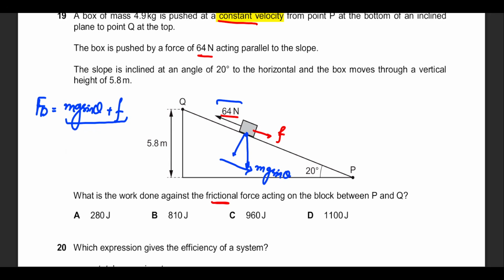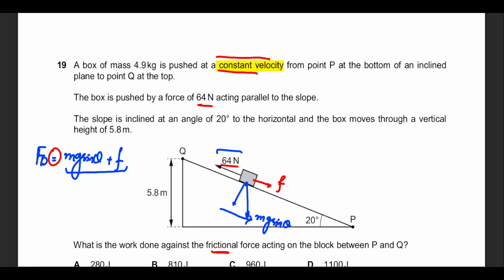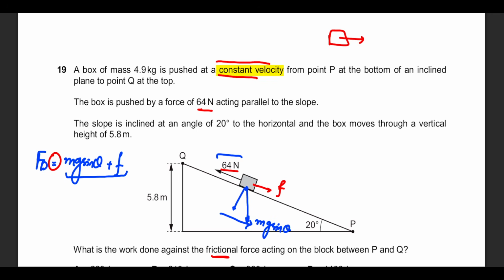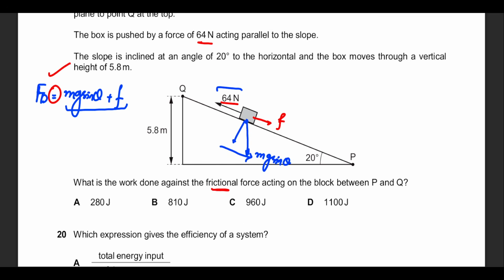And why have I made them equal? Because it's constant velocity. It can only happen if the pulling force and the sum of all the stopping forces are exactly equal. And that gives us the confidence that we can do this. So FD, the driving force 64, is given to me.